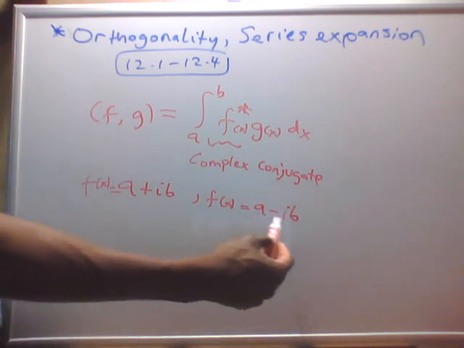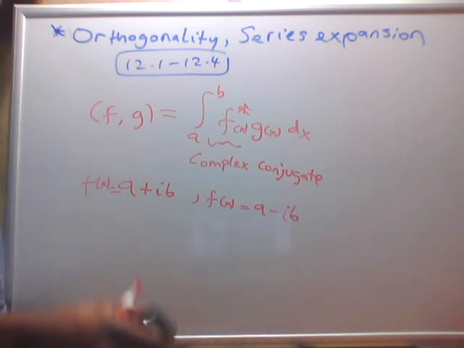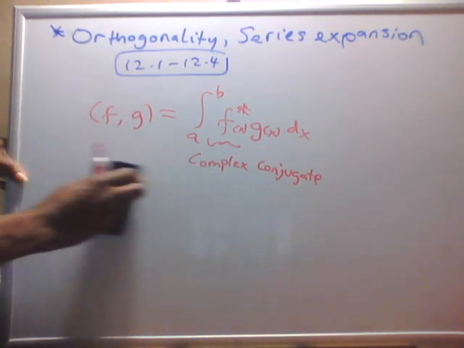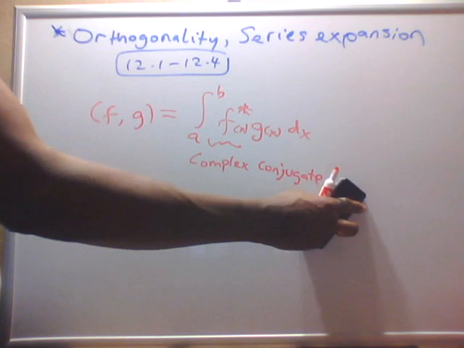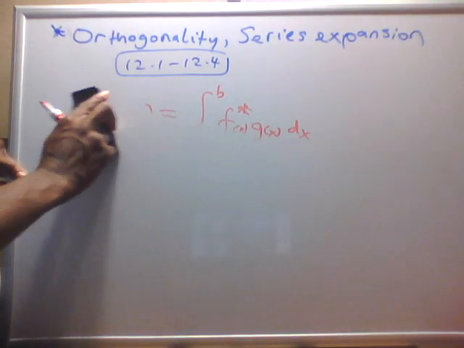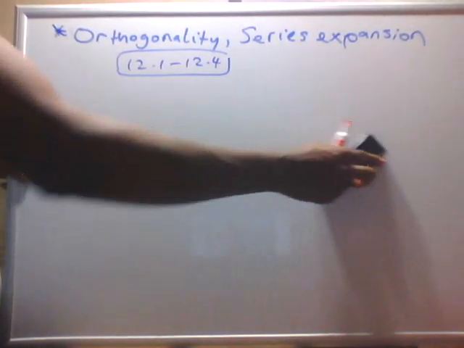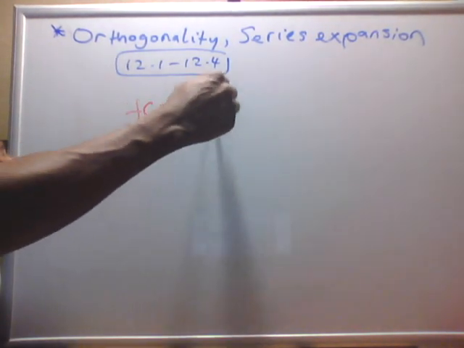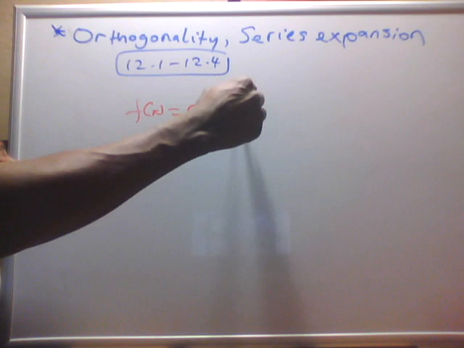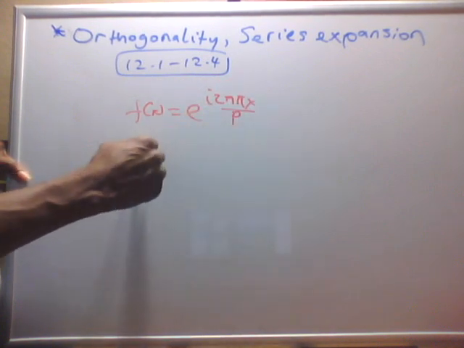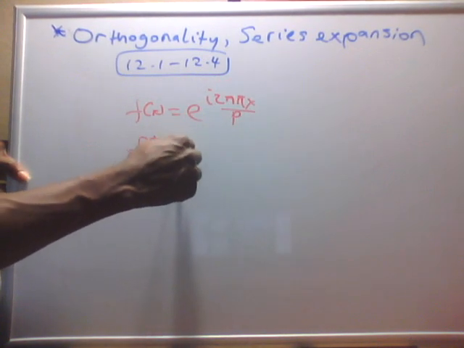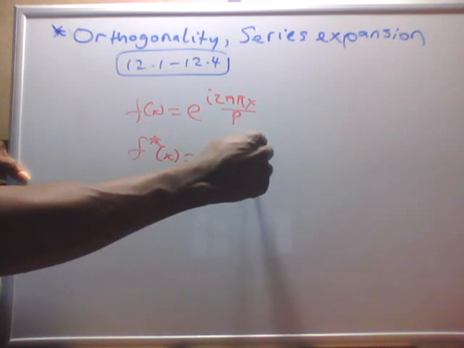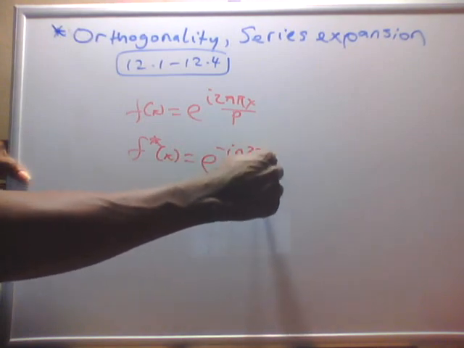Just look at the imaginary part and take the negative. For the case of exponentials, f of x equals e to the i 2 n pi x over p has a complex conjugate of e to the negative i n 2 pi x over p.